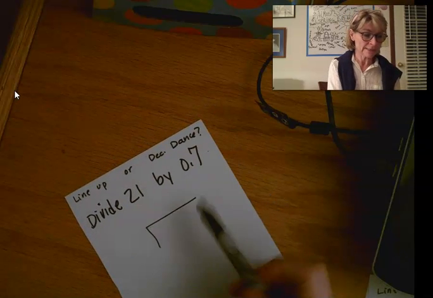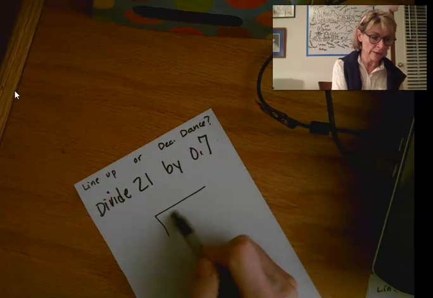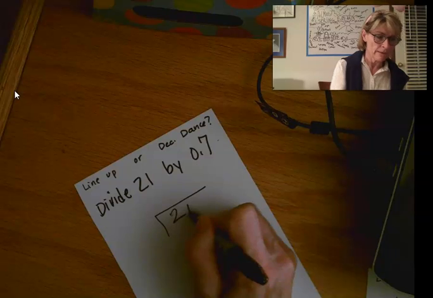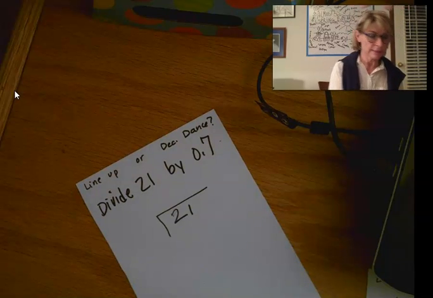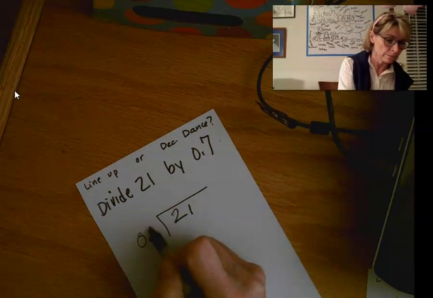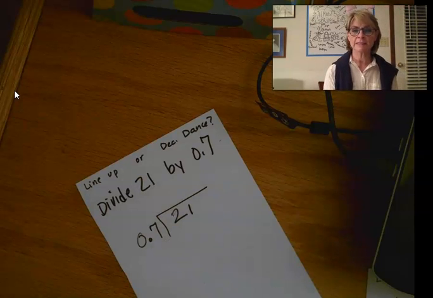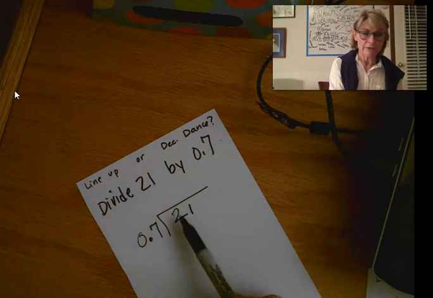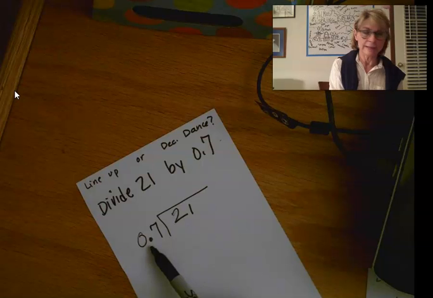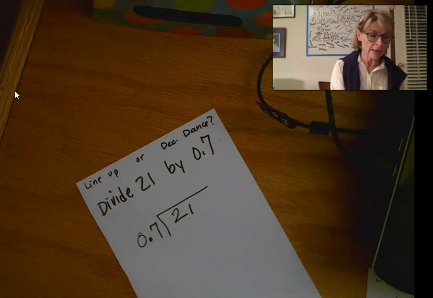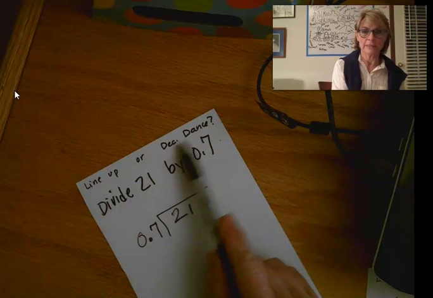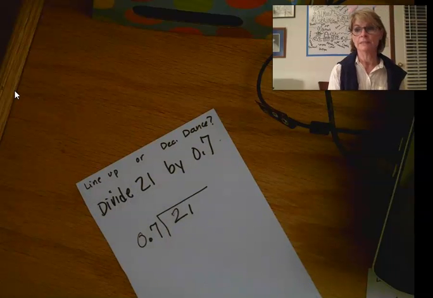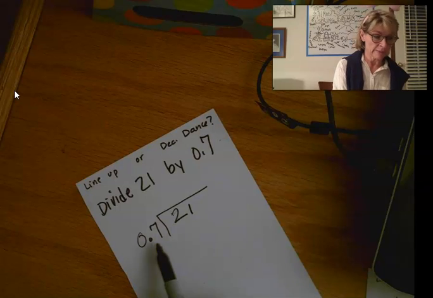I'm going to divide the number 21, so that's going to go in the box, and I'm going to divide it by 7/10. This is a situation of having a whole number divided by a decimal number. So am I going to line up or decimal dance? Well, this is a decimal dance problem because I am dividing by a decimal number.